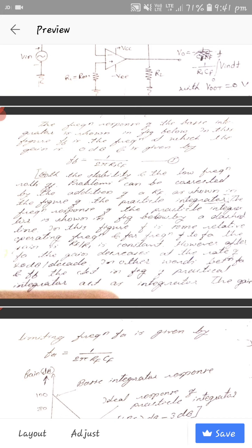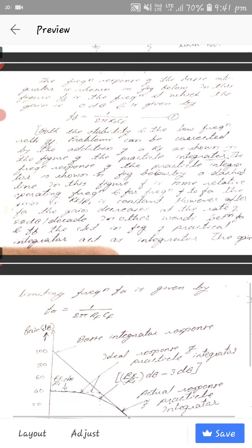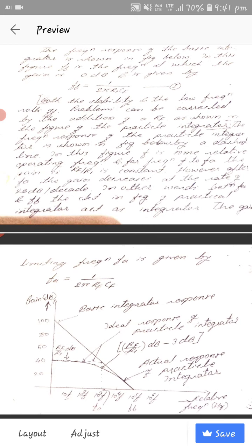The figure shows the practical integrator. In the frequency response of the practical integrator, the dashed line shows, where F is some relative operating frequency, that for frequencies up to FA the gain is RF upon R1 and is constant.